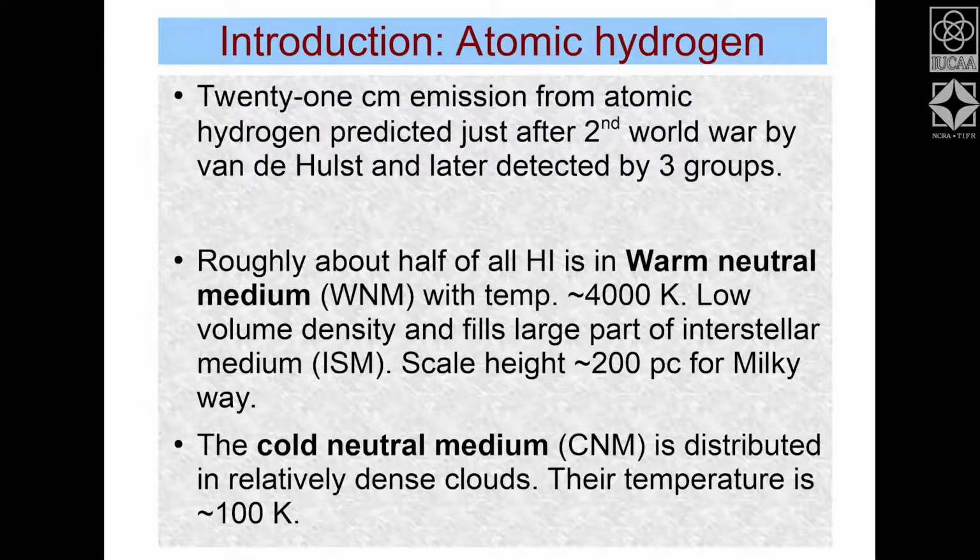So this is roughly called the scale height. That is for the atomic hydrogen, or rather the warm neutral medium. The cold neutral medium is much thinner, meaning relatively dense, and its scale height is even lower, much lower.